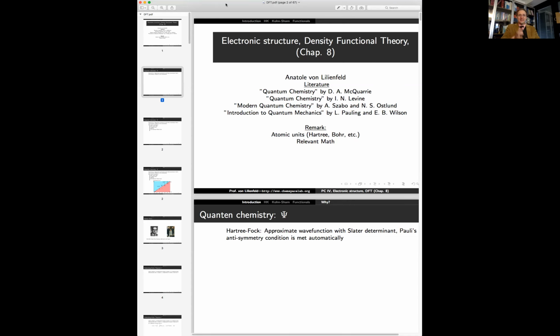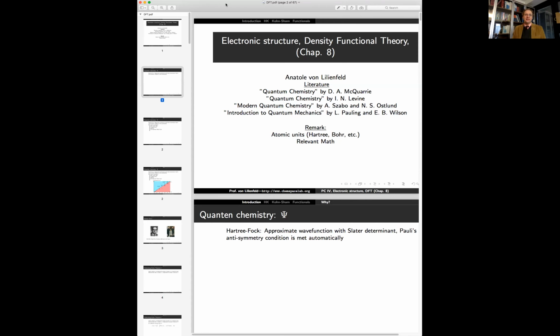As we discussed, the remaining deviation from the true, full many-body electron wave function is what we call correlation. And there are various methods that have been devised to deal with electron correlation.